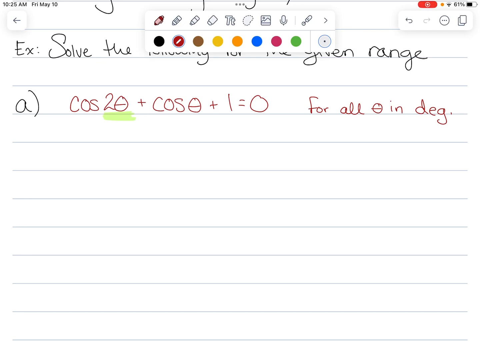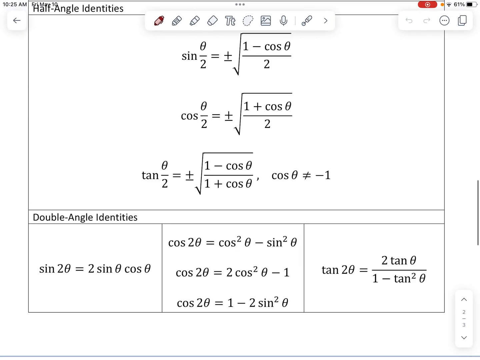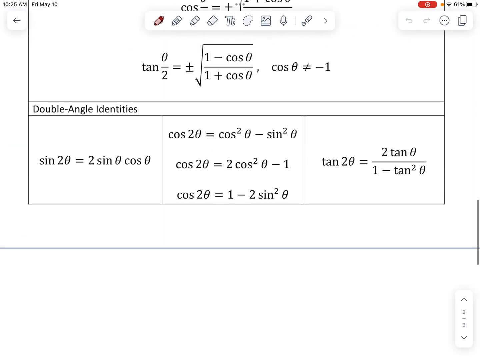And that's an indication generally that I'll need an identity anytime you see multiple angles in the problem. So we go to our identity sheet, and I'm looking at cosine of 2 theta. And cosine of 2 theta on the bottom of the back side has 3 different options of things that it can become. Which of these makes most sense depends upon the problem.